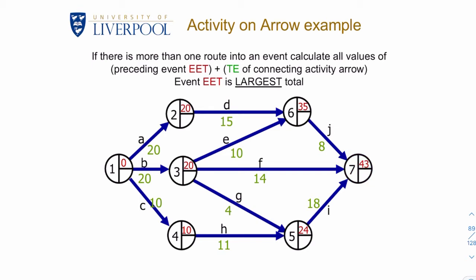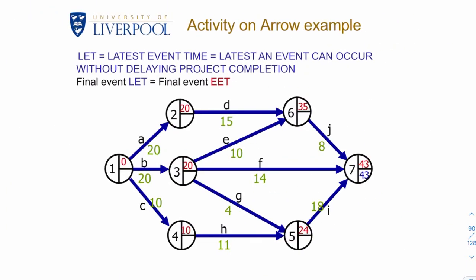Okay, so what do we put in these spaces here? These are the latest event times. So we've already said that this is going to start at 0. But what do we put in the remaining spaces? Well, just like we put a 0 in our first box, we put the same EET as a LET.